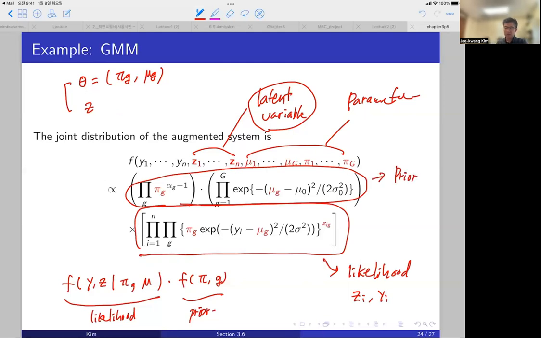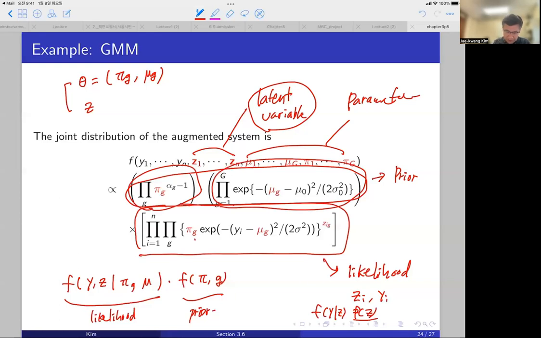Then the first two terms are the priors. The first component is the prior for pi. The second component is the prior for mu g, right? And this likelihood we can write as y given z times f z.